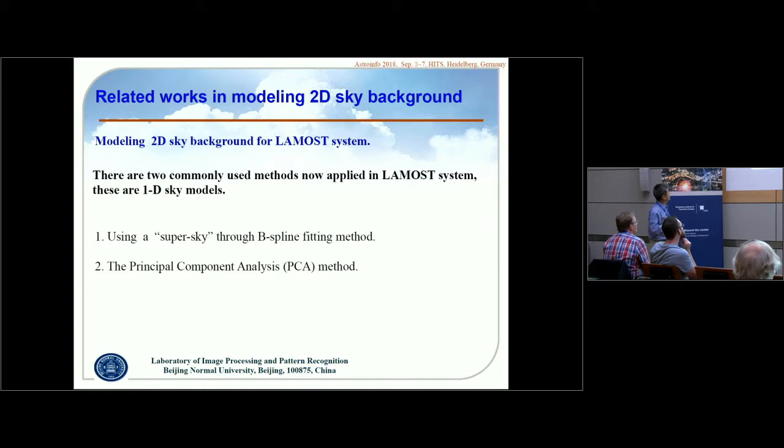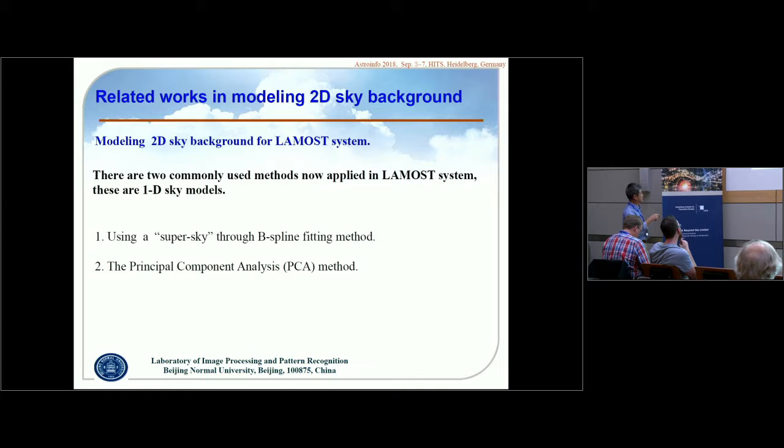To do this, we need to model the two-dimensional sky background. Currently, the released LAMOST data just use a one-dimensional sky model, with two methods.